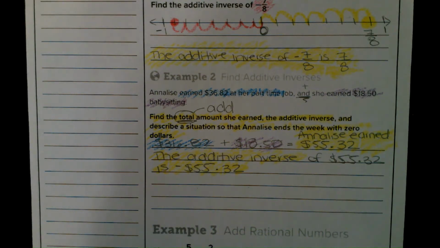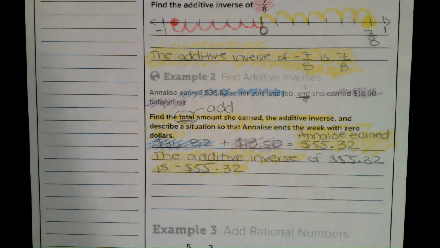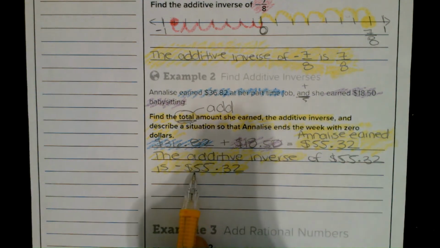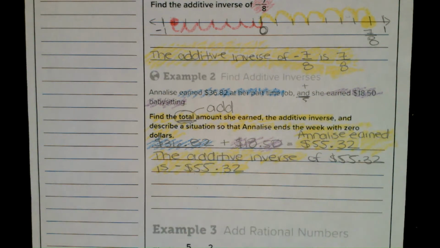She could have donated $55.32 to a good cause. Or maybe she went to the store and spent $55.32. All of these are scenarios that would represent negative $55.32. And if she earned $55.32 and then spent it or had a negative amount of $55.32, that would be additive inverse.